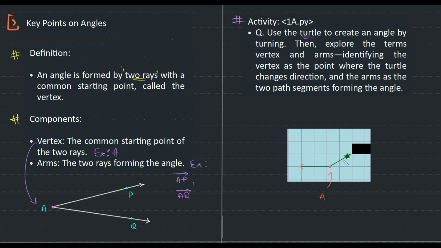And I'll draw arrows and name them P and Q. So here our vertex is what I should have asked you guys, not told you. Can you guys tell what's the vertex over here? Correct, point A. And what are the arms? Correct, AP and AQ.